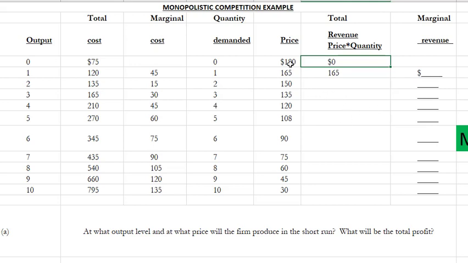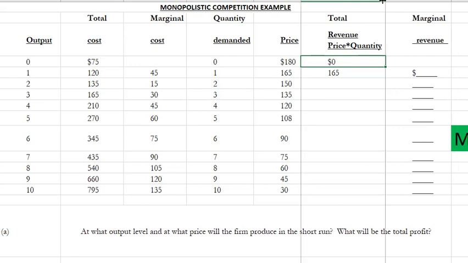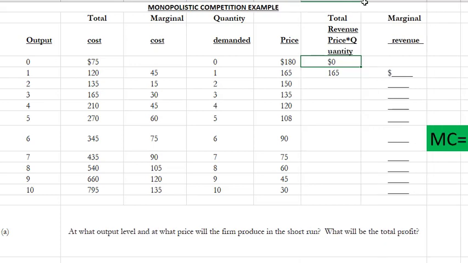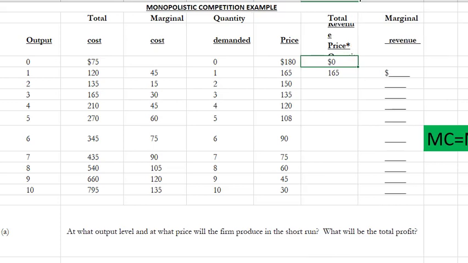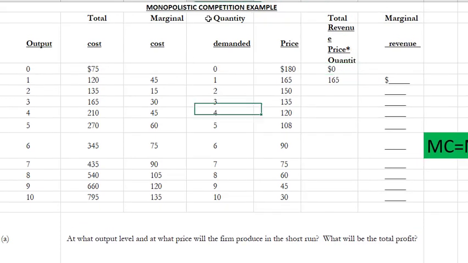And notice, since this is a monopolistically competitive structure, you see what's happening? You should see that your price is not fixed. It changes as the quantity is changing.